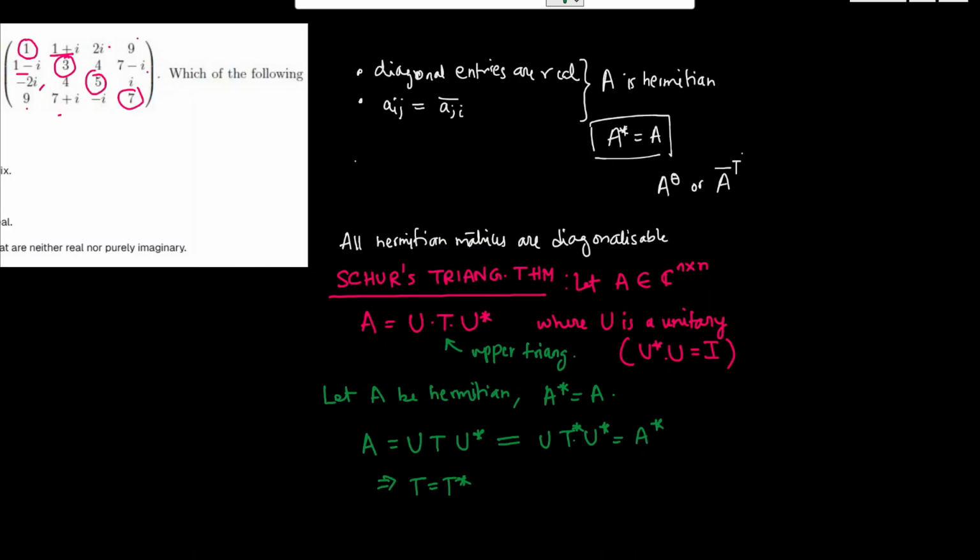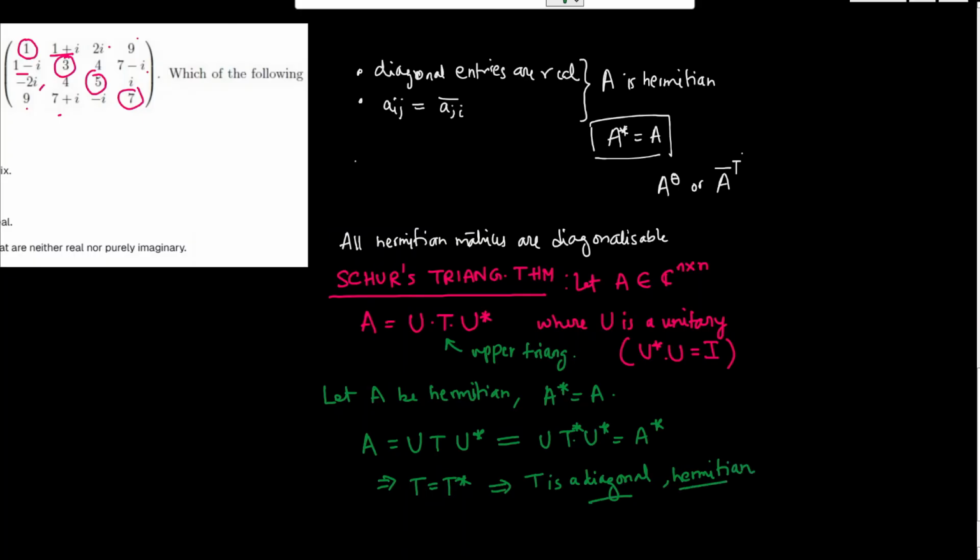Now that means, if T is the same as T star and we also know that T is triangular, that means that T is a diagonal matrix, and T is also Hermitian. T is diagonal, T is Hermitian, right?